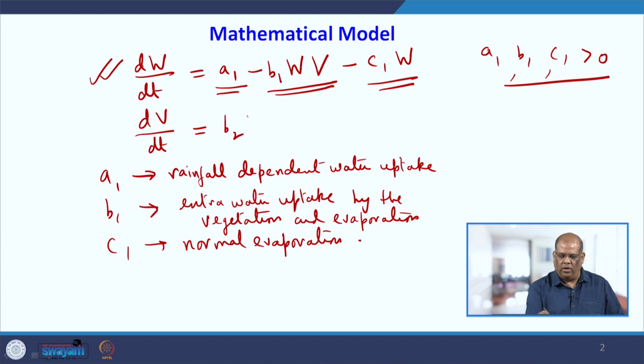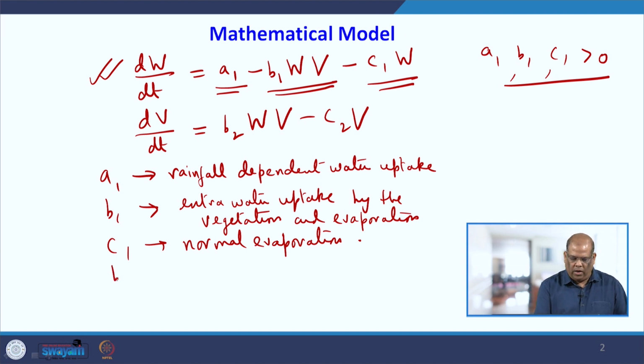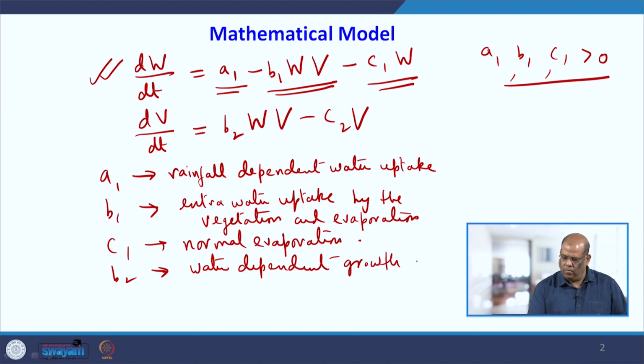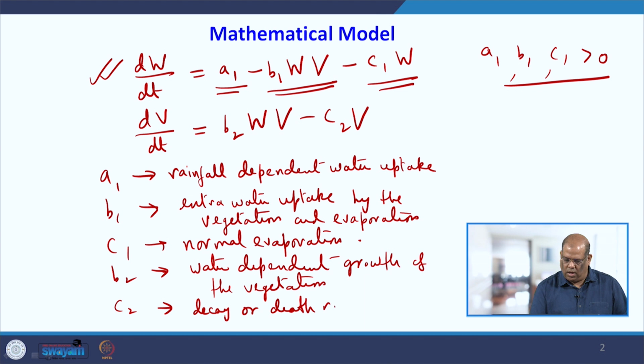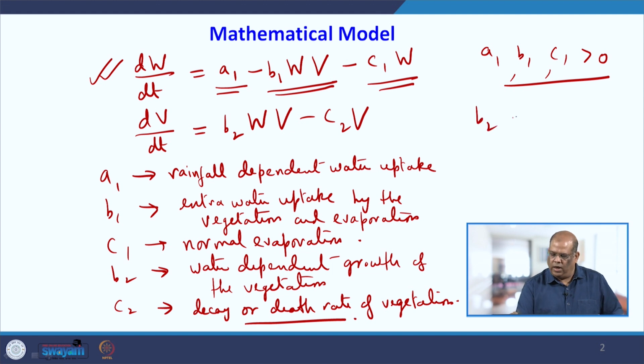Say it grows at a rate B2 W V, and there is a decay or the death of the vegetation due to scarcity of water, which is minus C2 V. So, your B2 is the water dependent growth of the vegetation, and your C2 is the decay or death rate of vegetation, and obviously B2 and C2 are also positive.